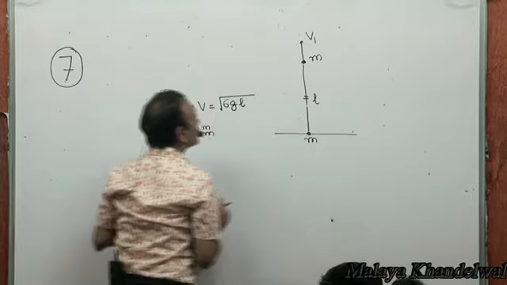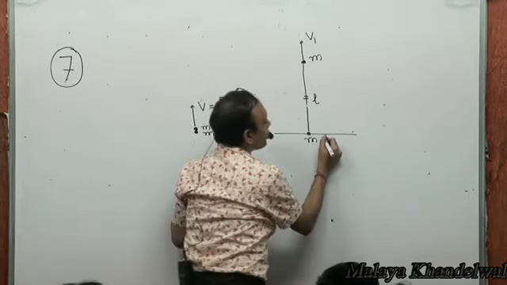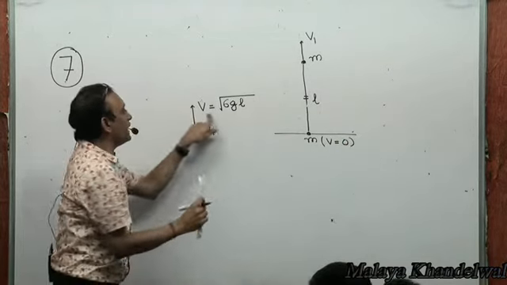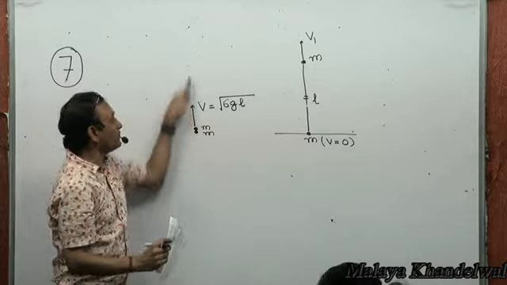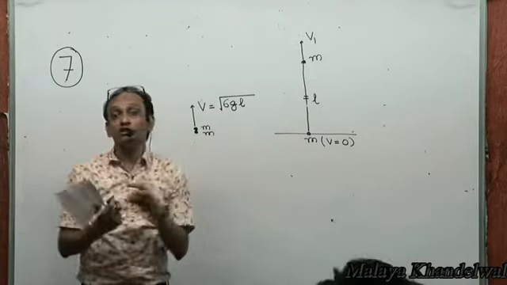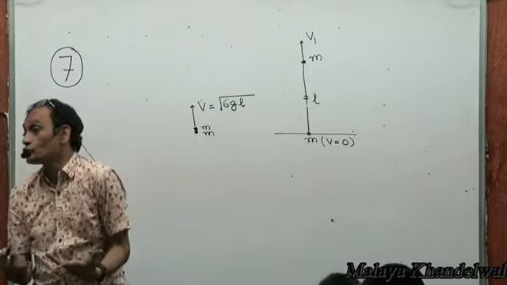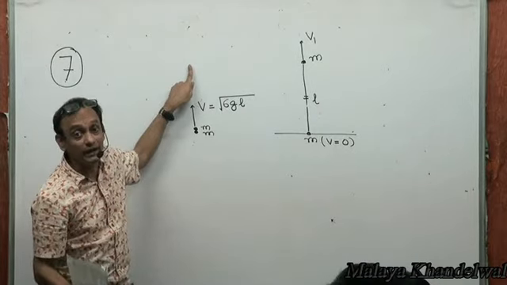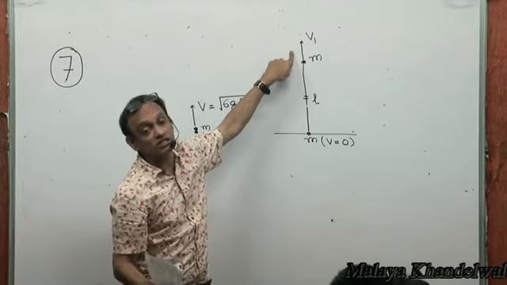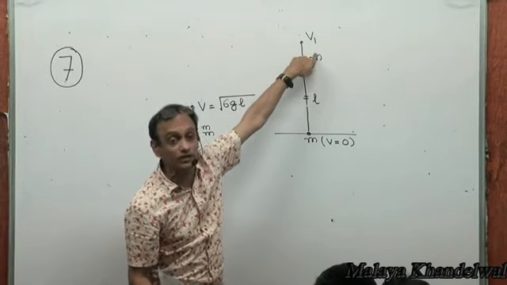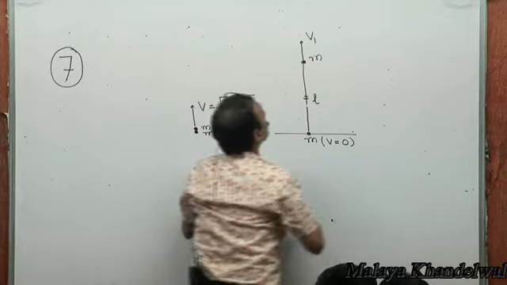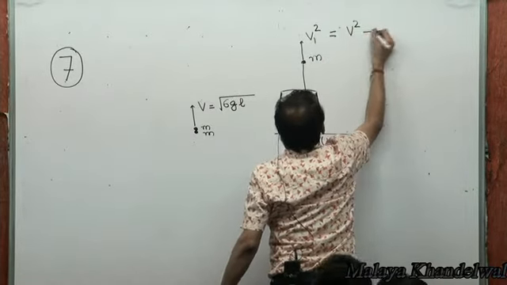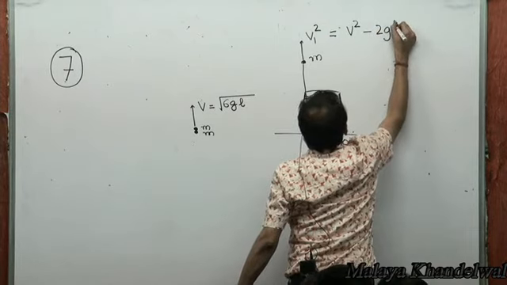Okay. Now at this point, the velocity of this is 0. And the upper mass moved only under the influence of gravity, because while it was moving up to this position, the string did not have any influence since the string remained collapsed. By the time it traversed a distance L, it acquired a velocity v1 meters per second, and very clearly v1 squared is the initial velocity v squared minus 2g into the upward distance covered.